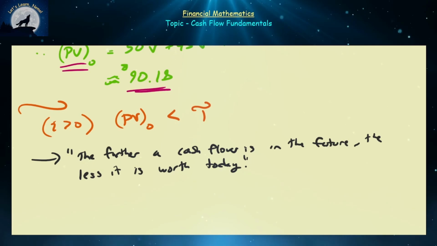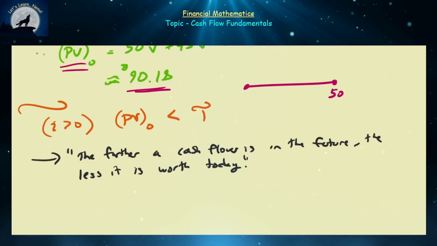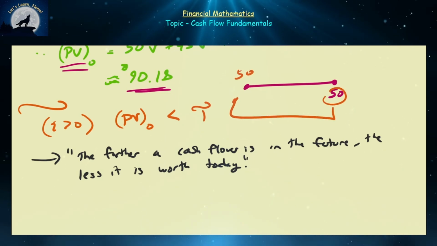If you want to look at a particular value, for example, if I have $50 5 years from now, is that really worth $500 today? Actually, no, it would be a lot less. Because if I were to have this 50 here, then I should be able to accumulate that into something a lot more.